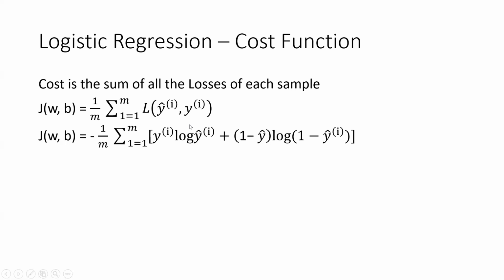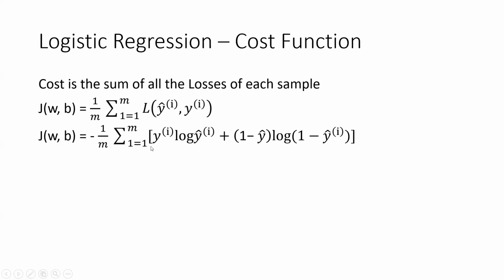Because we have already found that the loss function for logistic regression is given by the binary cross entropy loss, we substitute this loss value with the real binary cross entropy loss.